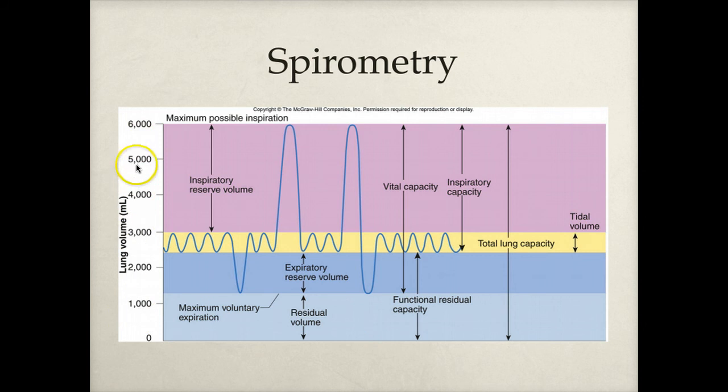On the y-axis here is the lung volume, measured in milliliters. And down here on the x-axis, we could think of this as time. So a person would be breathing in and out in a relaxed way here, and then I'll describe some of these different changes that we see in the graph in a minute.